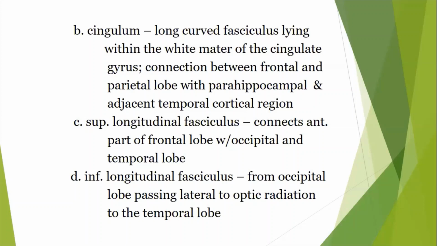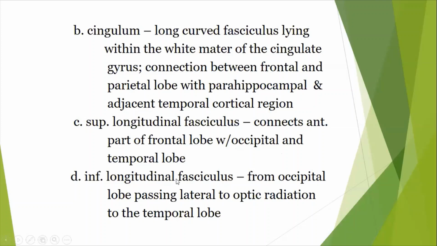So this will be more of a connection in the medial surface, because that's where your parahippocampal gyrus is seen. Then you have the superior longitudinal fasciculus, which connects the anterior part of the frontal lobe with the occipital and temporal lobe.